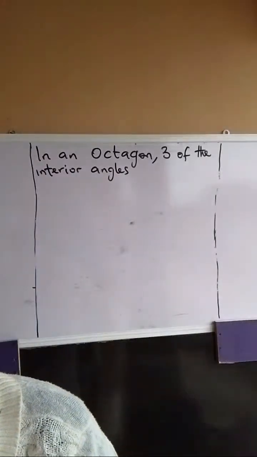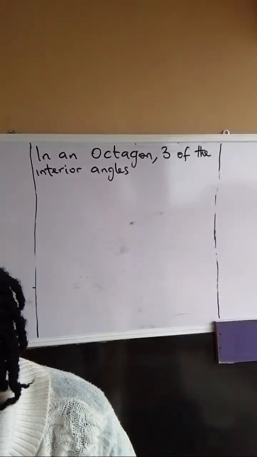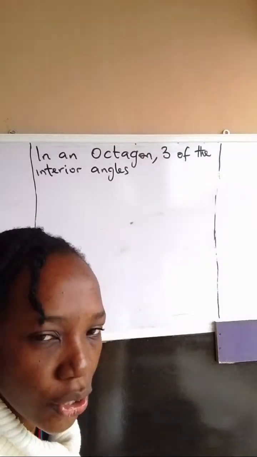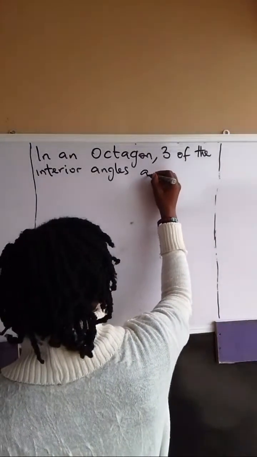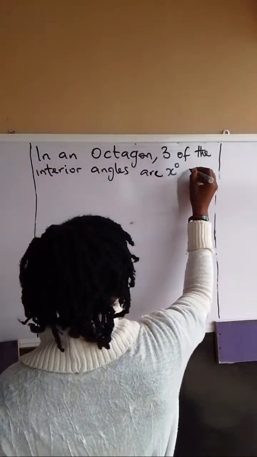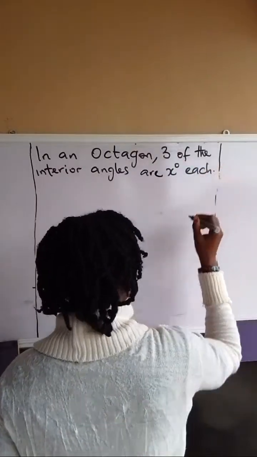All right. In an octagon, 3 of the interior angles are x degrees each.